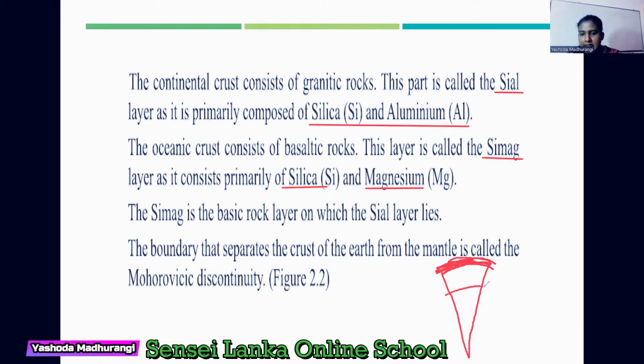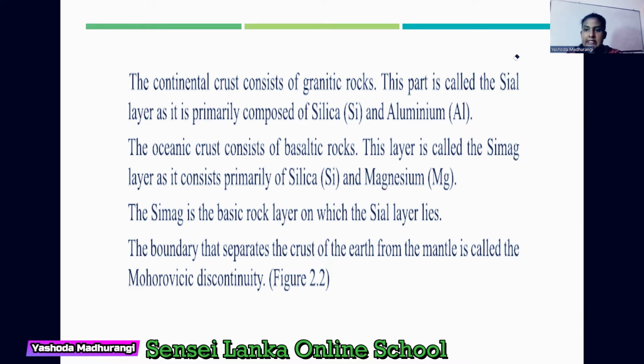And then there is the mantle. So, the layer which separates the crust from the mantle. The boundary that separates the crust of the earth from the mantle of the earth is called the Mohorovicic discontinuity. You have to remember where it is and what it is.